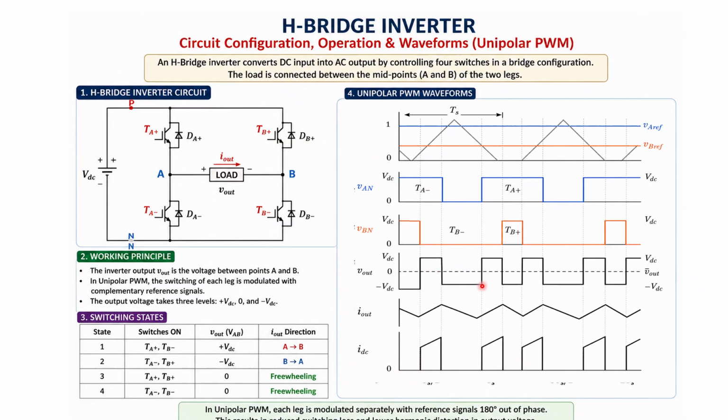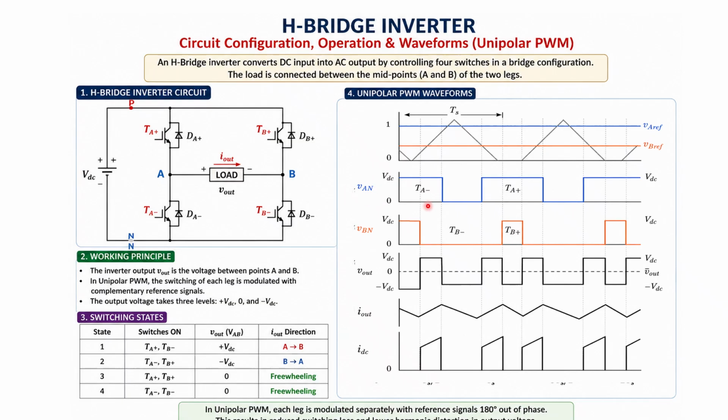The lower switch in each leg operates complementary to the corresponding upper switch while maintaining the required dead time. Here the output voltage is unipolar, meaning the individual pole voltages VAN and VBN switch between 0 and positive.